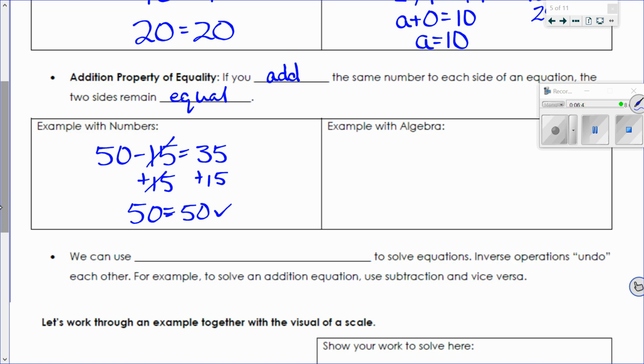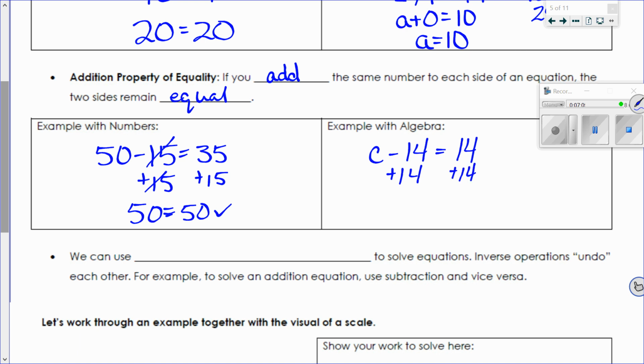Now let's look at algebra. What if I do an algebra example? Let's say C minus 14 equals 14. What would be the opposite of subtracting 14? Adding 14. So I'm going to add 14, again, to both sides of my equation.